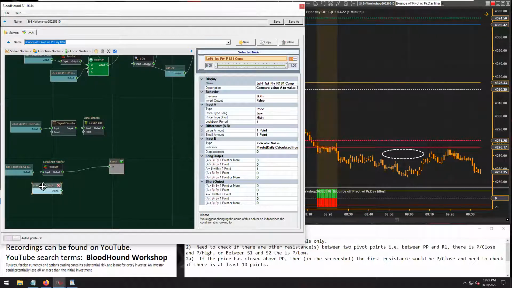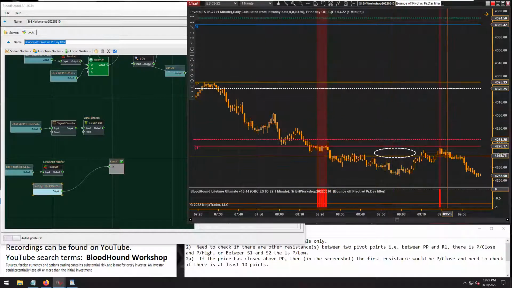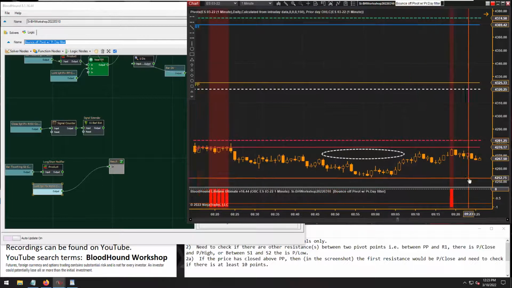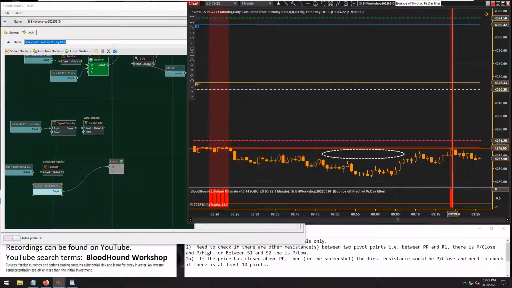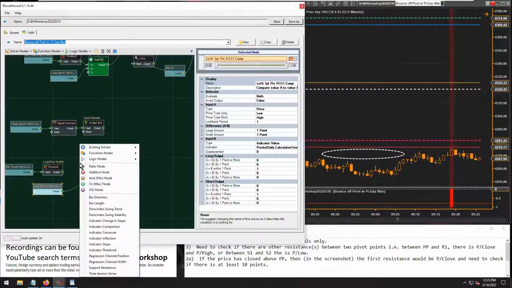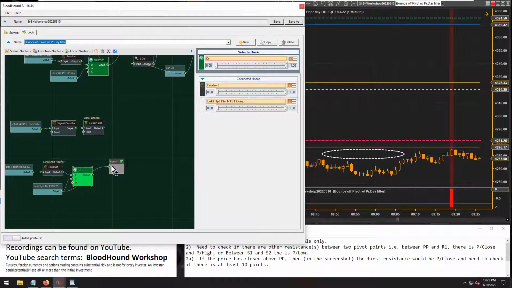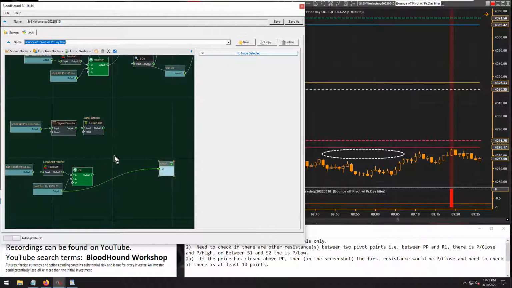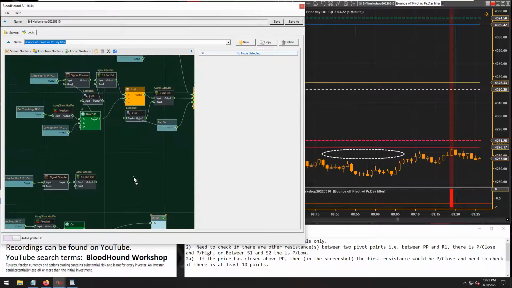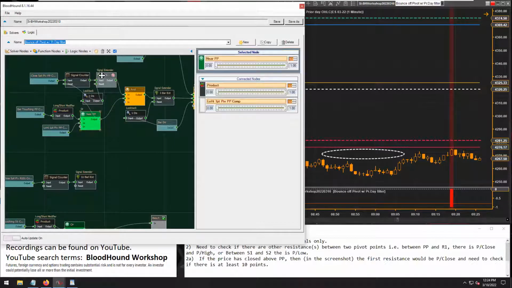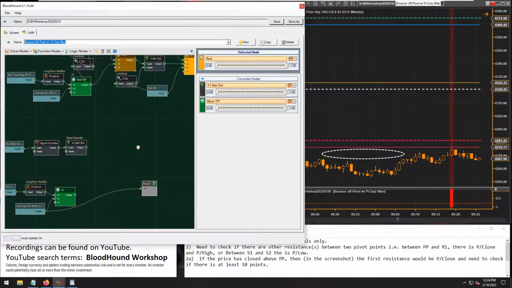And then we have the other solver, which identifies when price is close enough. So there, the high of the bar got close enough to S1. That goes into an OR node. Remember, both of these go into an OR node, like so. And both of those go into an AND node, like we did up above.